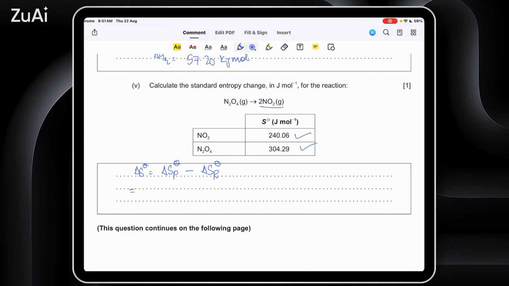Product is this, so 2 times 240.06 minus 304.29. That's it. That's so easy. So it is 145.83. And always remember the unit is joules per mole.